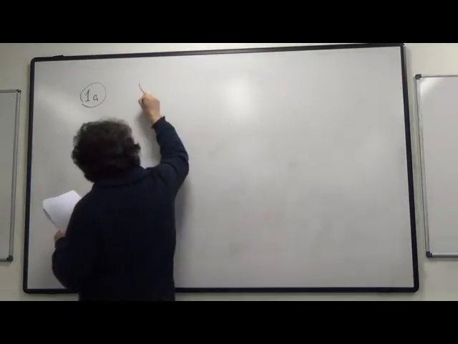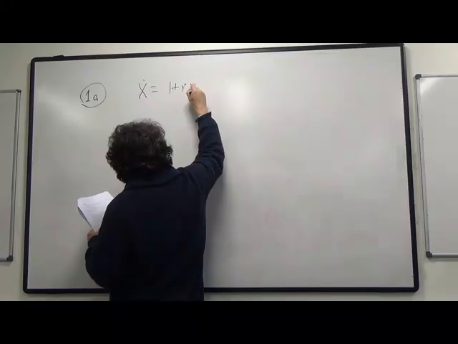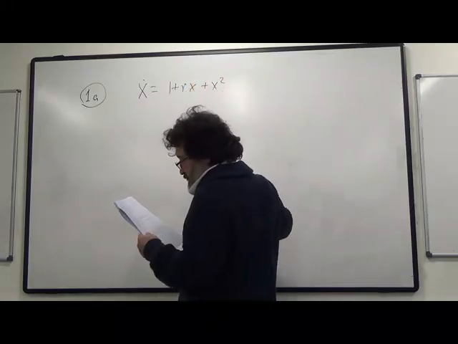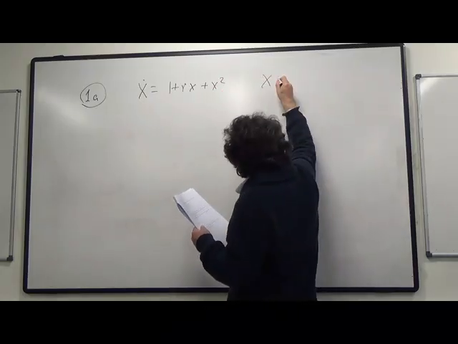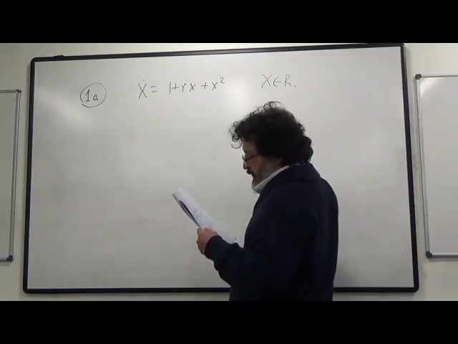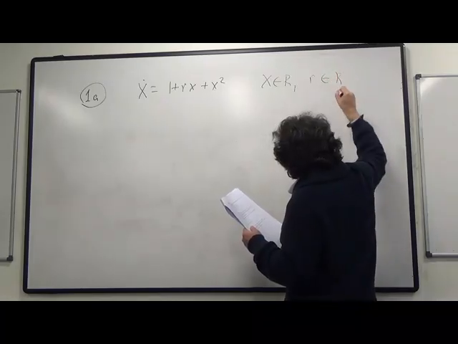So we have this flow x dot equals 1 plus rx plus x squared. And we're supposed to find bifurcations which take place. Here r is also a real number.